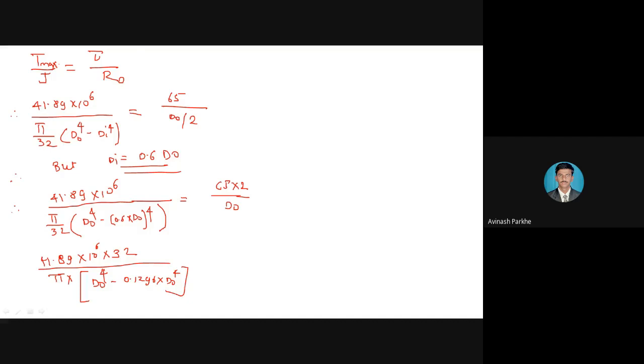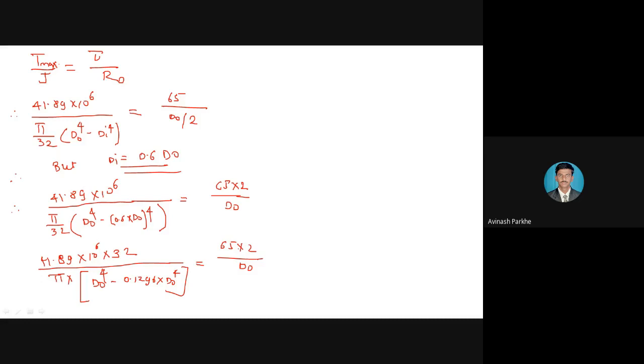Bracket complete is equal to 65 into 2 divided by Do. 65 into 2 as it is. 0.6 raised to 4 means 0.1296 Do raised to 4 at the right side. 65 into 2 as it is, Do is as it is.